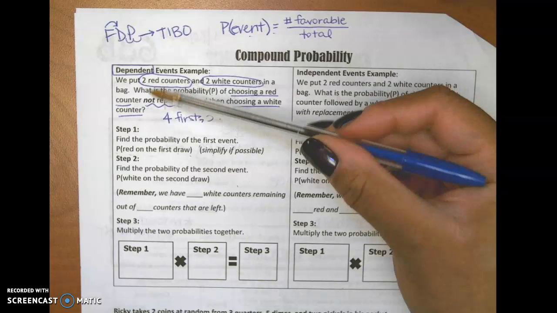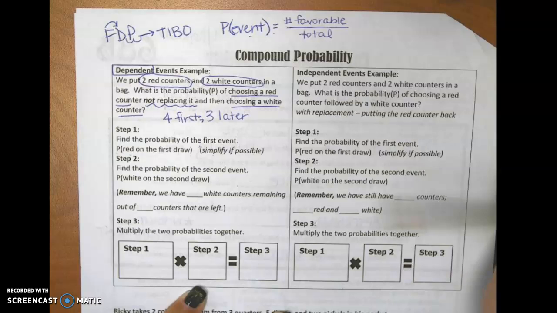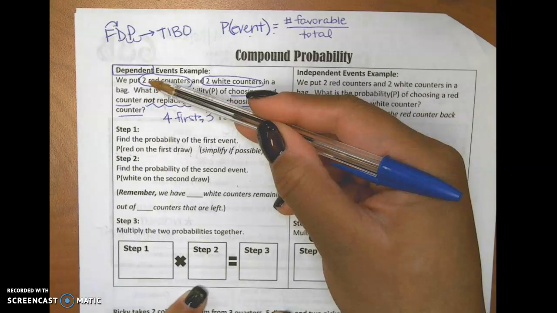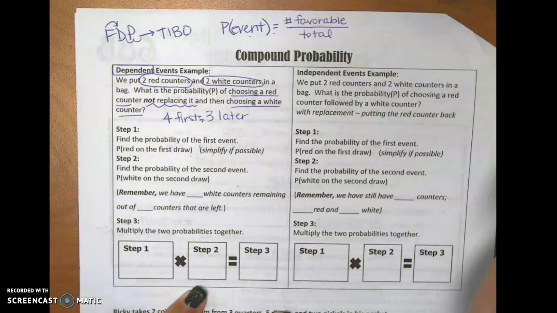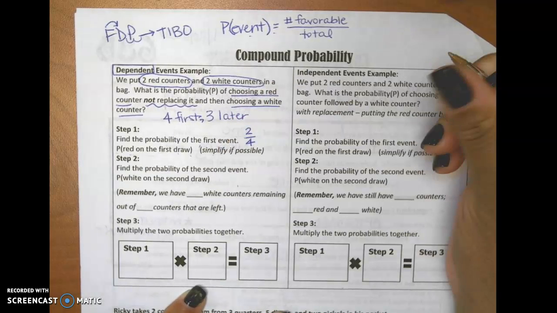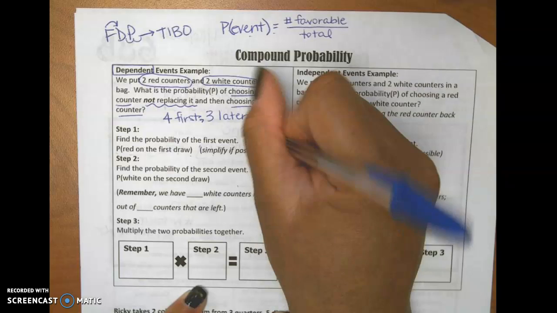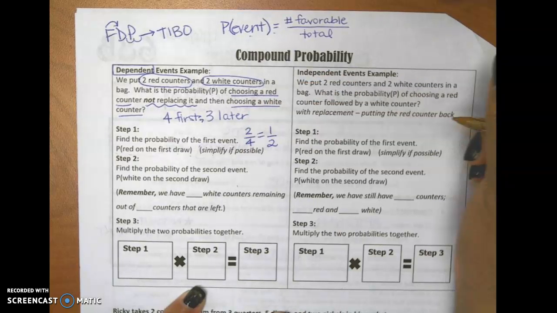What's the chances of me getting a red out of all of them? I have how many reds? 2. So what's my fraction? 2 out of 4. Good. And then I need to simplify. 1/2. Half of them are red.